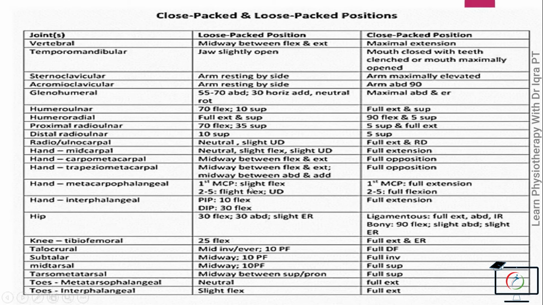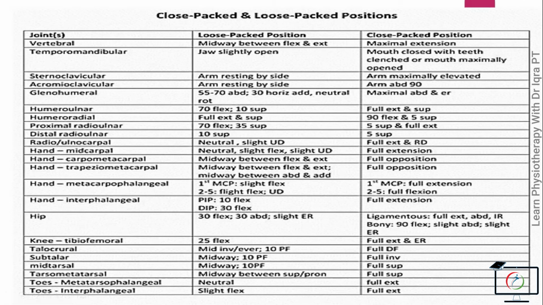Metacarpophalangeal joint. In the first metacarpophalangeal joint, slight flexion is the loose back position, while the full extension is the closed back position. In the second to fifth metacarpophalangeal joint, slight flexion with ulnar deviation is the loose back position, while the full flexion is the closed back position.